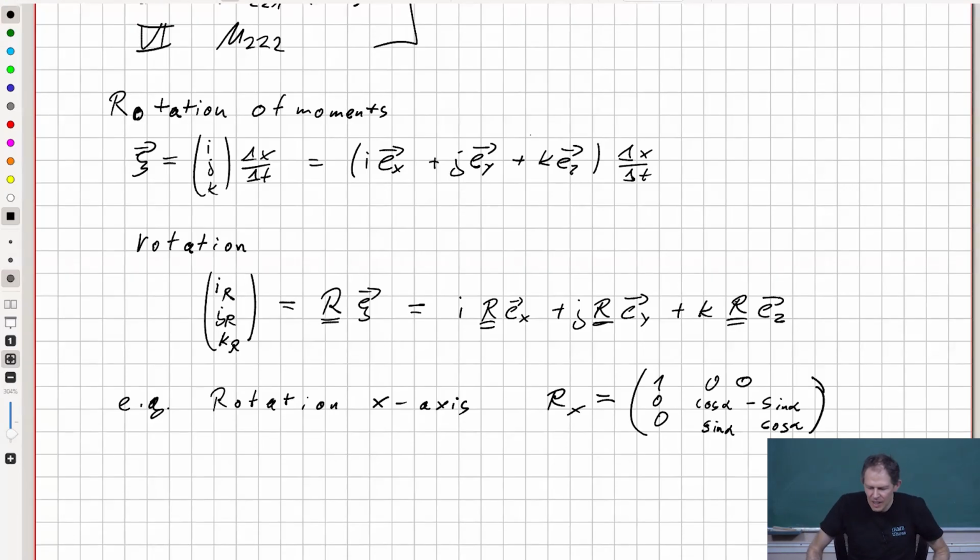Now we want to distinguish between isotropic and non-isotropic moments. For example, if you rotate the pressure moment, you'll end up with the pressure moment.